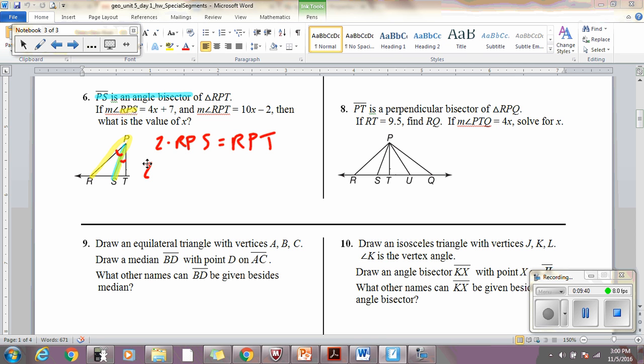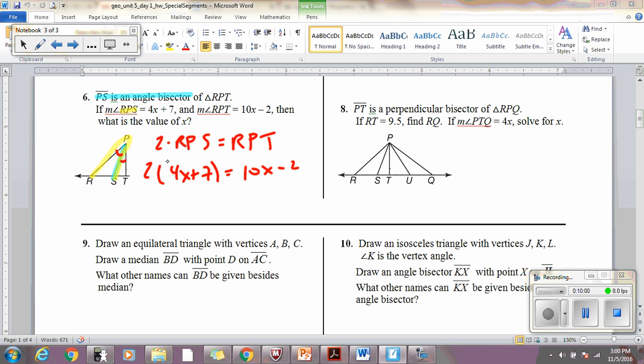So in other words, 2 times 4x plus 7 is going to equal 10x minus 2. Again, because these two angles are the same measure, instead of adding them, it's easier just to double it.